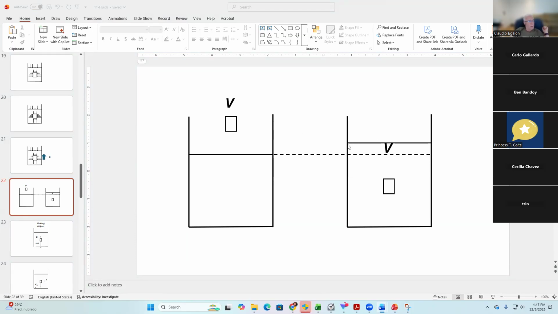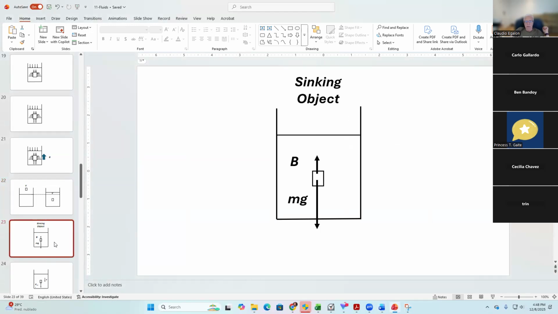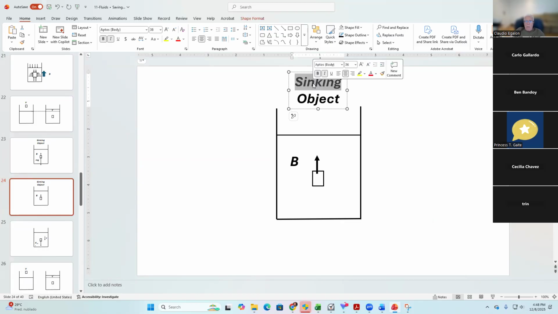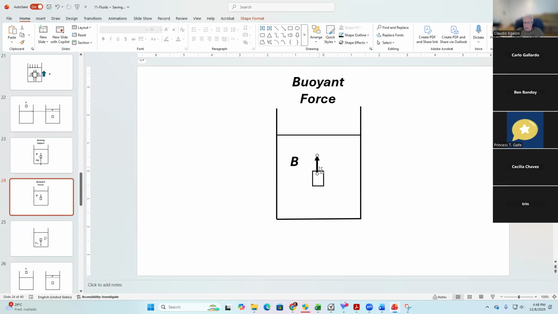Volume V of water that has been displaced. What Archimedes found out is that this buoyant force is equal to the weight of the displaced water.